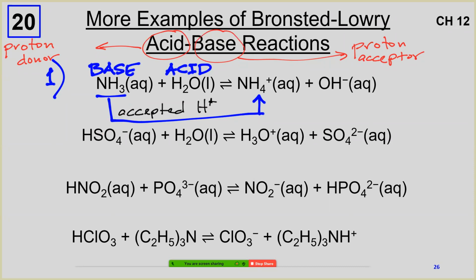What about the second example? We have HSO4 minus reacting with water. When you look at water, it turned into H3O plus. It accepted a hydrogen.